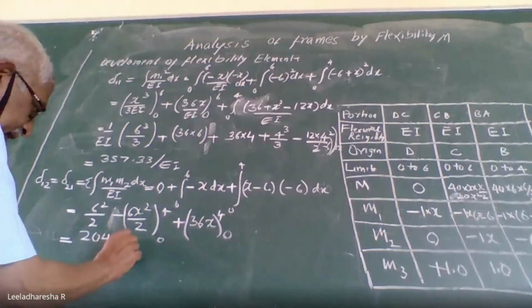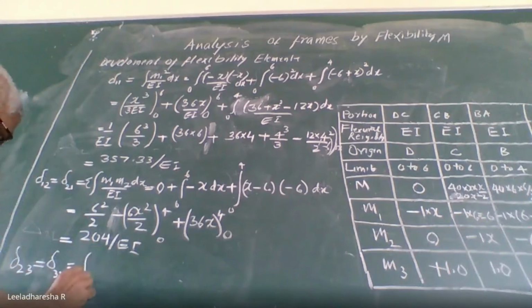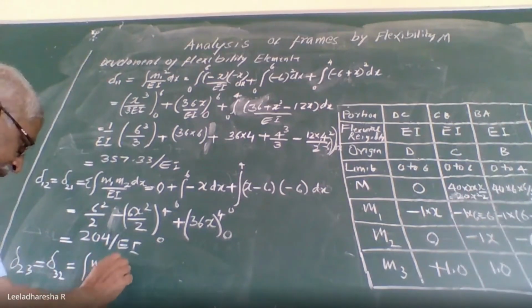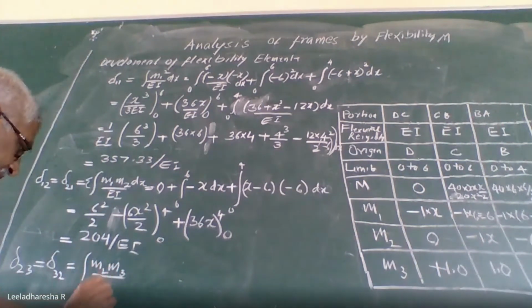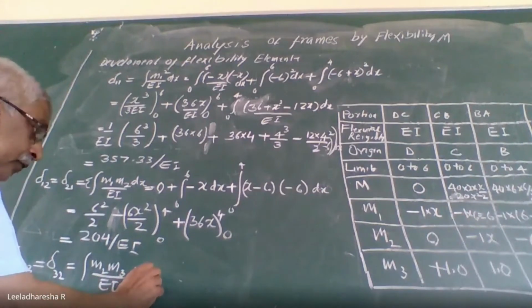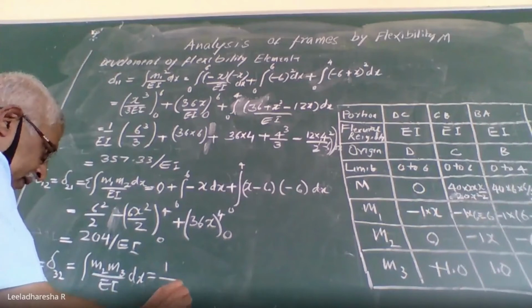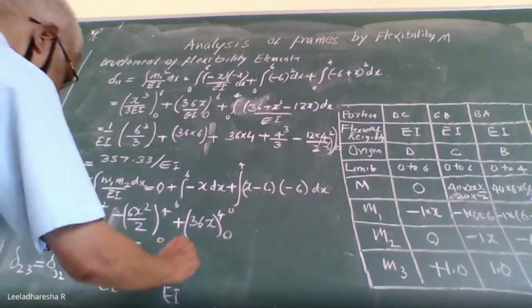Next is delta 2 3 equals delta 3 2, which is equal to integration between the limits m2 into m3 divided by EI into dx. So you can keep 1 by EI outside only, otherwise we need to write every time.